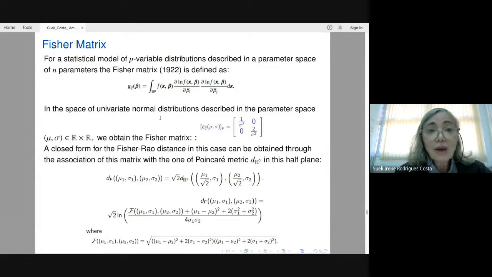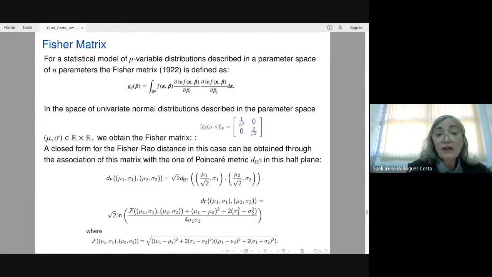In the space of univariate distributions described in the parameter space R2, as I mentioned before, the position of this line is wrong, but anyway, the Fisher matrix is this one. If you calculate it in that case, the Fisher matrix is this one.